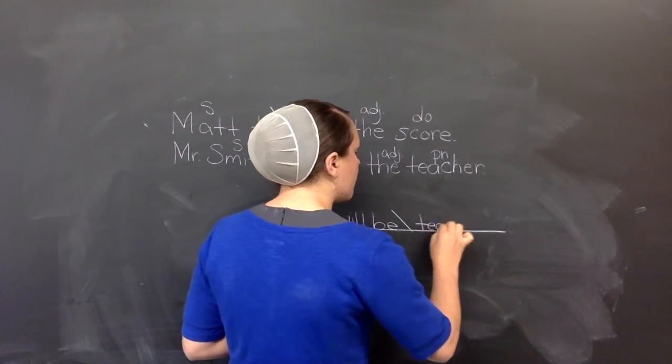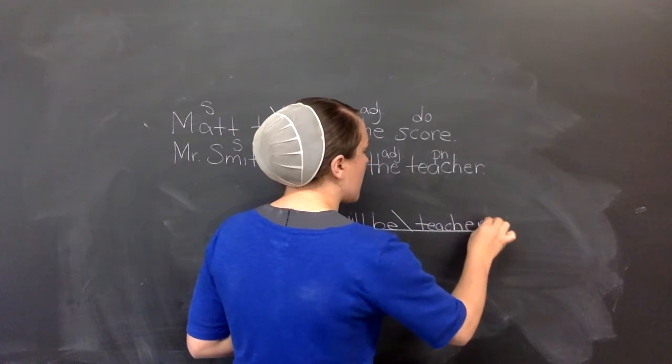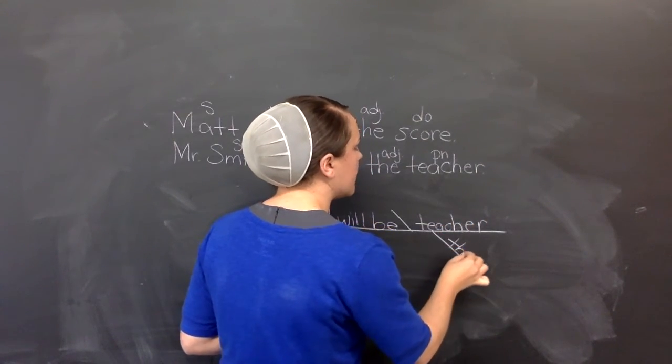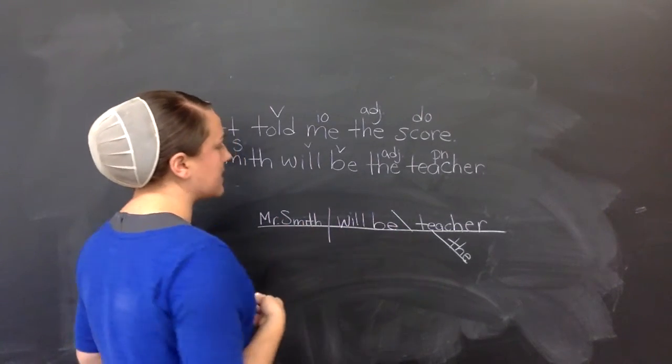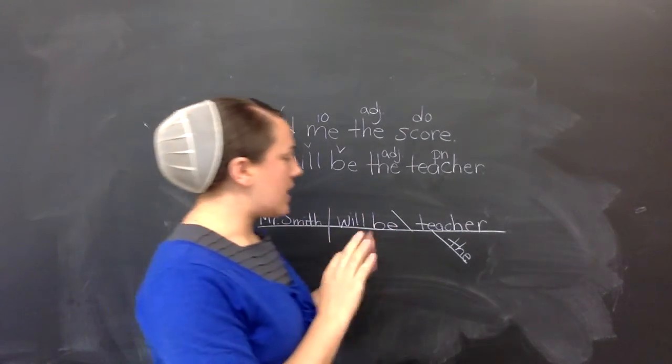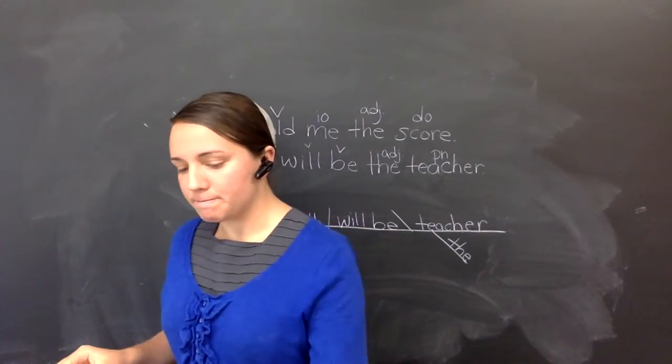Because remember, the predicate nominatives and predicate adjectives are describing or renaming your subject, so it makes sense that our line points back to the subject. Okay, so that's how we diagram our predicate nominative.